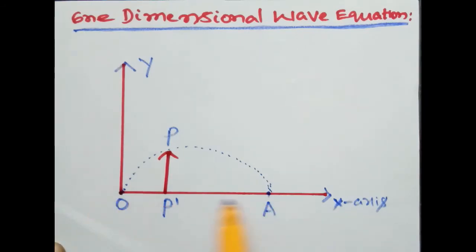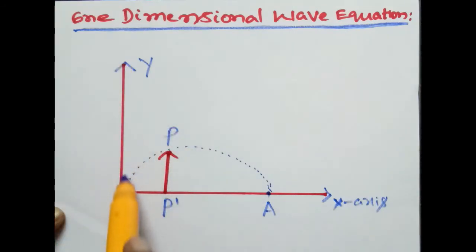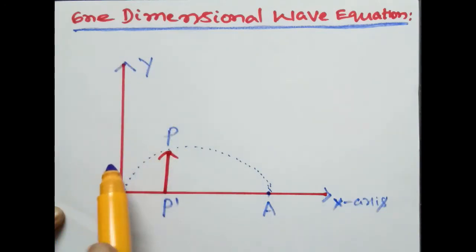OA is taken along the x-axis. This is a tightly stretched string between the 2 points O and A. O is one endpoint, A is the other endpoint. O is taken as the origin, and we are drawing a line perpendicular to the line OA through the point O and taking this as the y-axis.